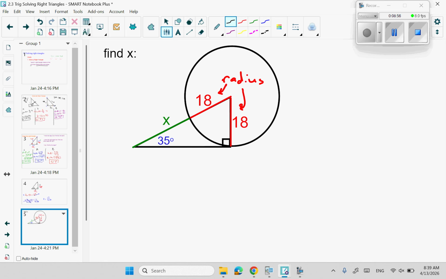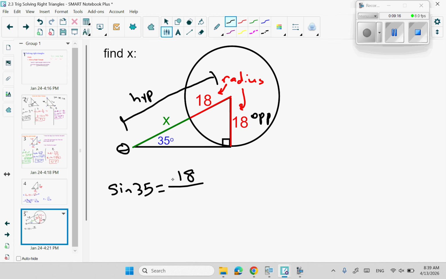So solve for x. Well, from the perspective of this 35, this 18 is my opposite, and this entire side length is my hypotenuse. So what trig ratio uses opposite and hypotenuse? That would be sine.